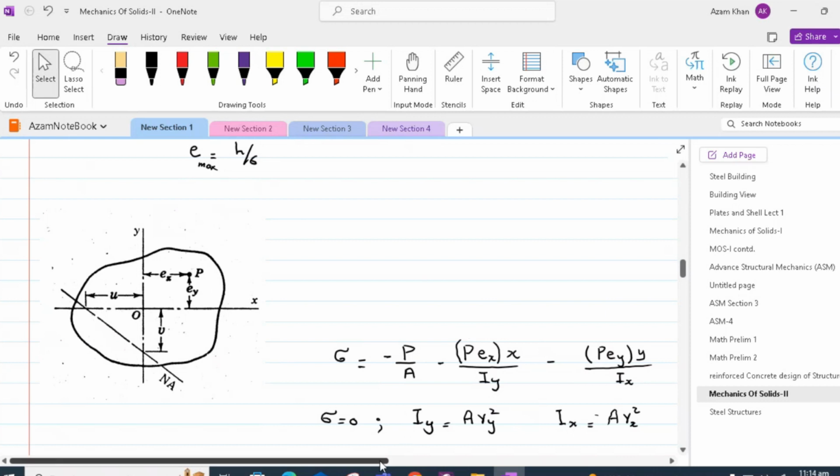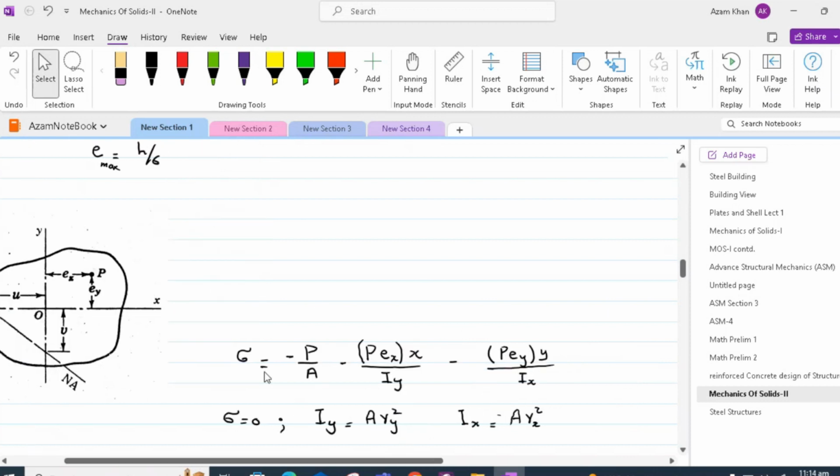Thus, by superposition, we can write now our sigma equal to minus P by A minus P times ex into x over Iy minus P times ey into y divided by Ix.